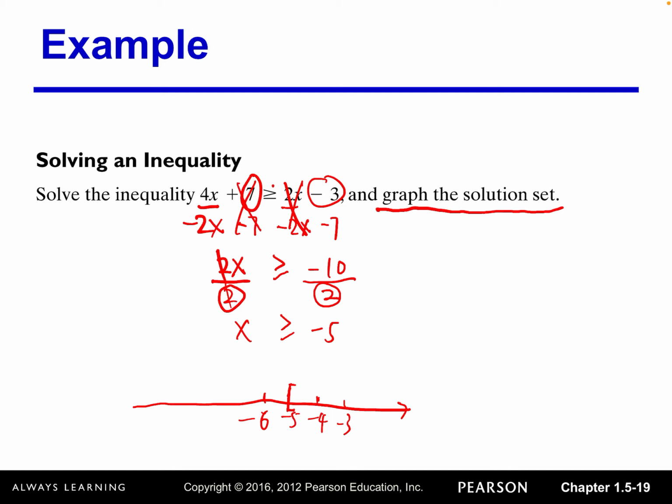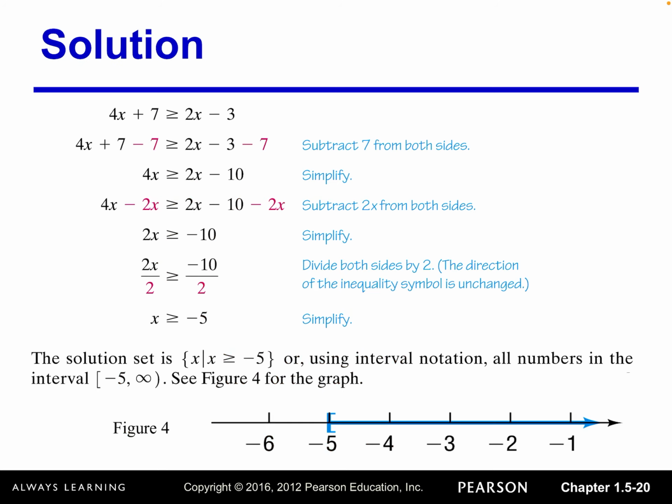And then greater than or equal to negative 5: we shade anything on the right-hand side of this square bracket, with an arrow pointing to positive infinity. That's how we graph the inequality x greater than or equal to negative 5. My hand graph doesn't look too good, so let's look at a printed one. So that's a better graph.